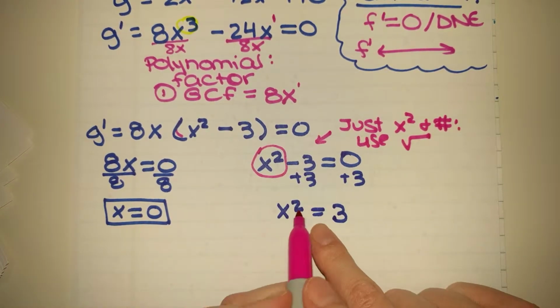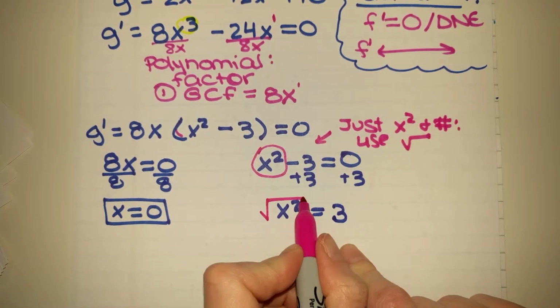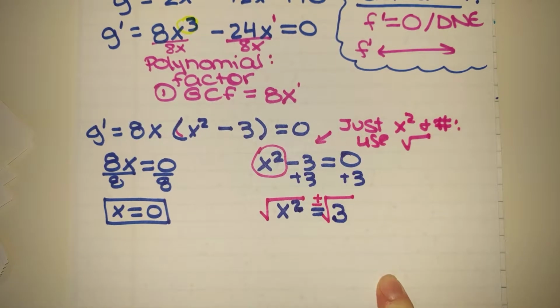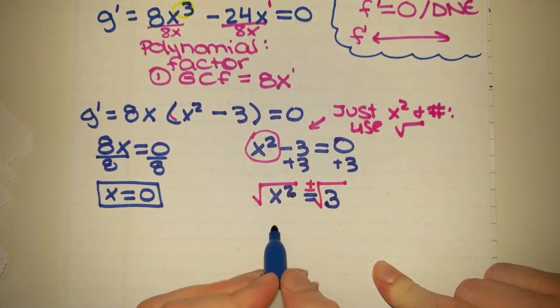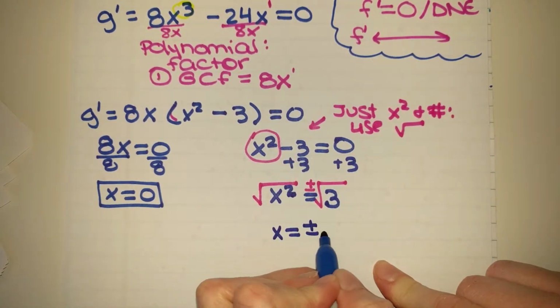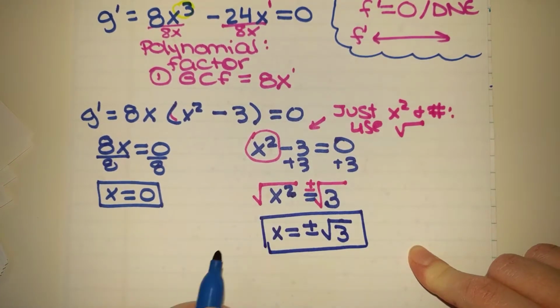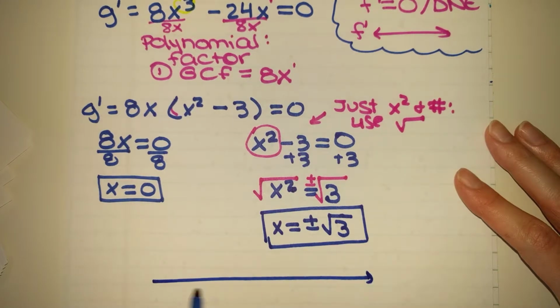Then to undo this 2 power, we will take the square root of both sides, and when we take the square root, we have to add a plus or minus. So that gives us x is equal to plus or minus square root of 3 as our additional 2 critical numbers. So now we draw the number line.